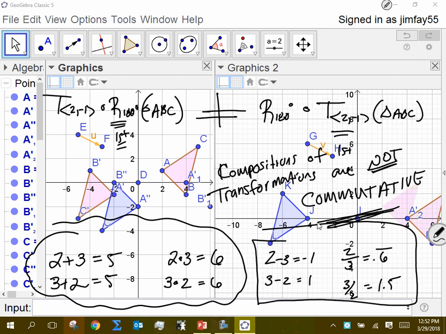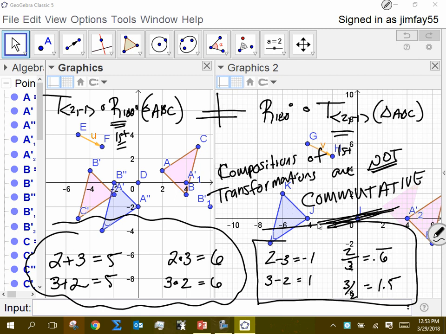Okay? Meaning that the order that we conduct them is extremely important. Okay? 2 plus 3, 3 plus 2. That didn't matter, the order, right? Meaning that you can move them around. So the root word commute means to move, right? So I can move 2 and 3's position and still get the result of 5. If I do my translation and my reflection or my rotation and I commute them, I do not get the same final product.